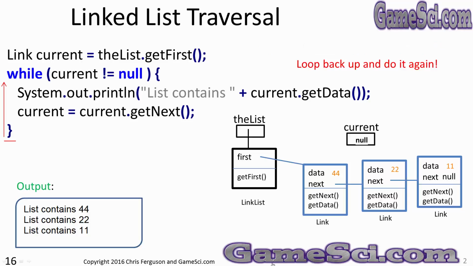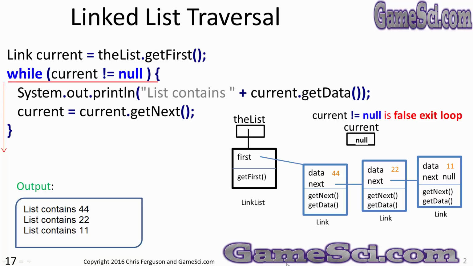We'll loop back up because that's what we do when we hit the end of the loop. But something different's going to happen this time when we loop back up. This time, when we ask, is current not equal to null, we're going to get a different answer. Current not equal to null, well, you can clearly see a null there. Current is equal to null. So not equal to null is clearly a false statement.